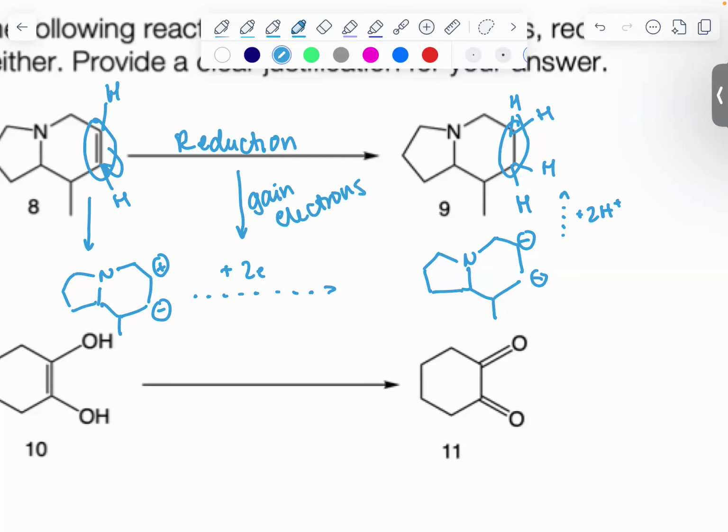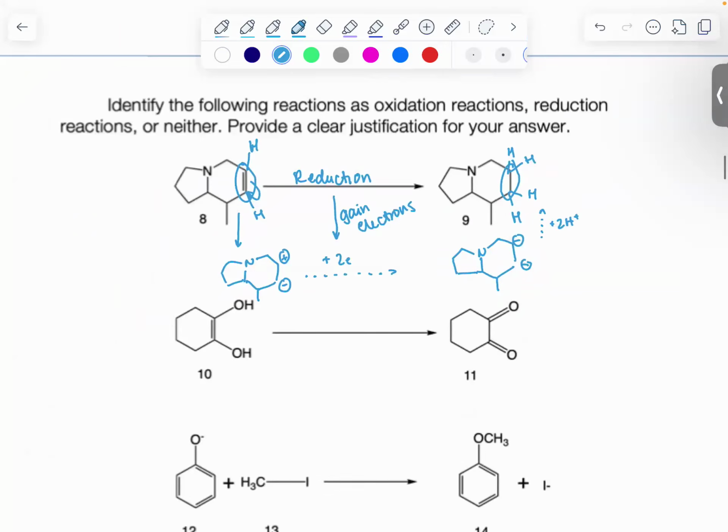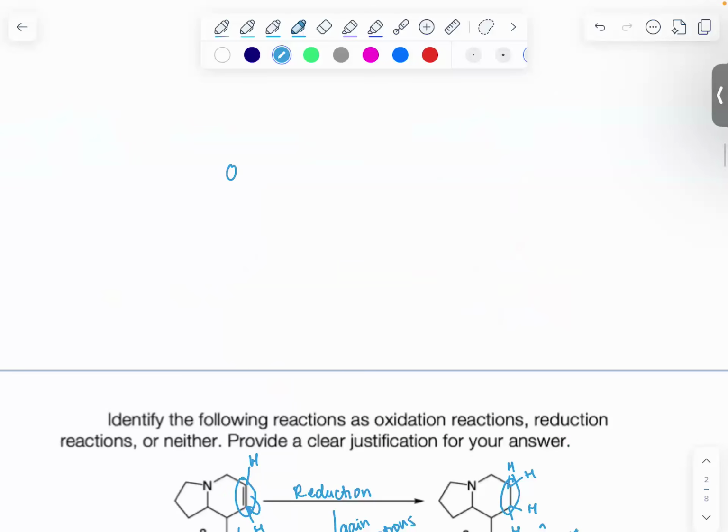Are we all familiar with the mnemonic device for oxidation and reduction? Oil rig or Leo goes grr? No, nobody knows the Leo one. That's okay. Oil rig is the one I learned. Oxidation is losing, reduction is gaining.